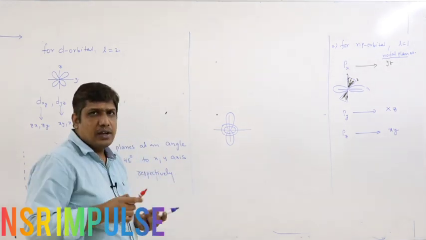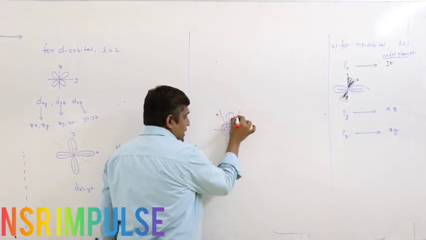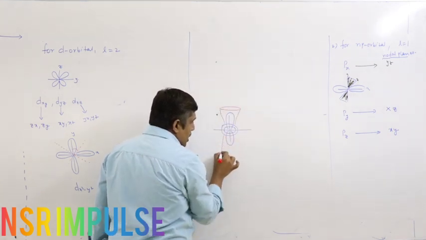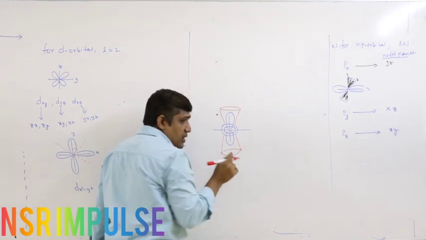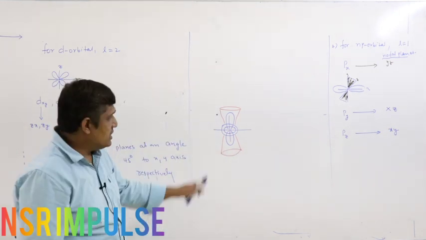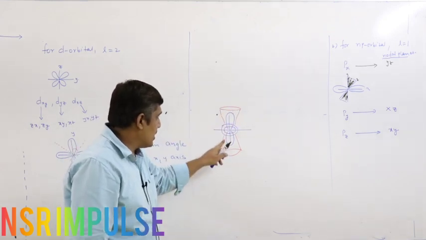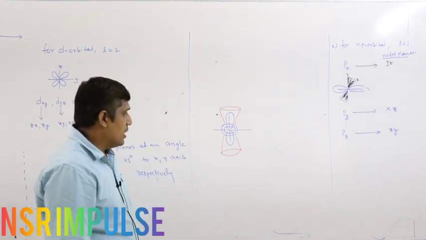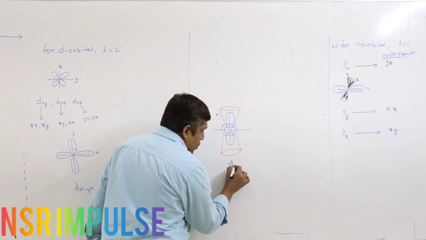So it doesn't have any nodal planes, but it has nodal cones. This area, the red color area, has two nodal cones. In this area, the probability of finding an electron becomes 0. So the dz square orbital has no nodal planes but it has nodal cones.